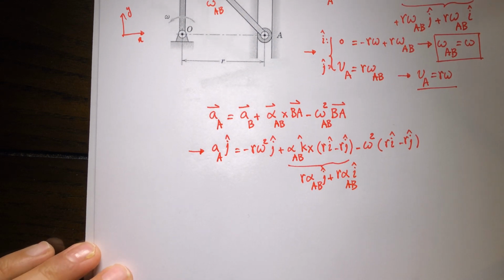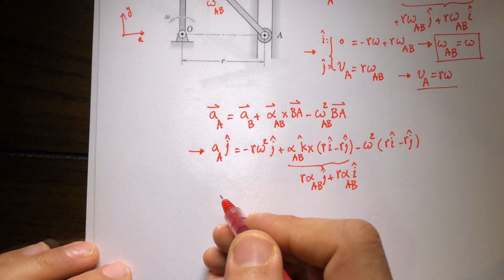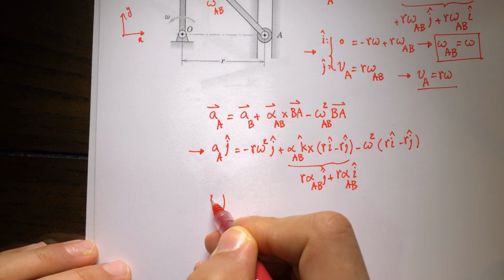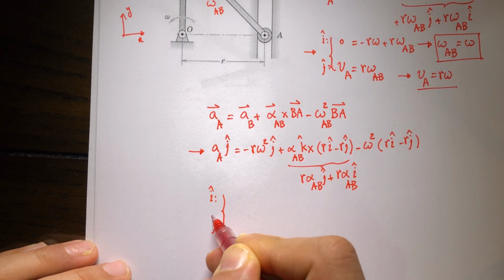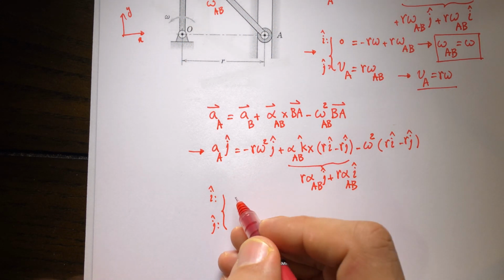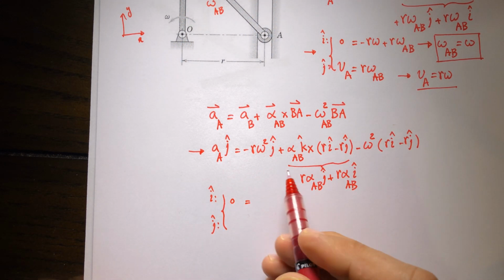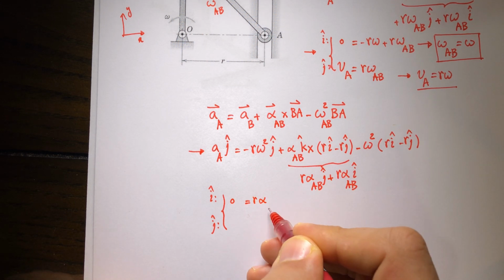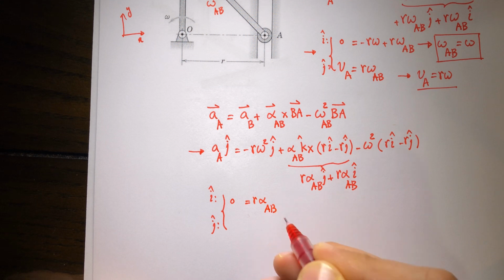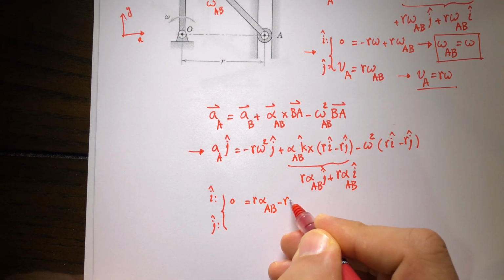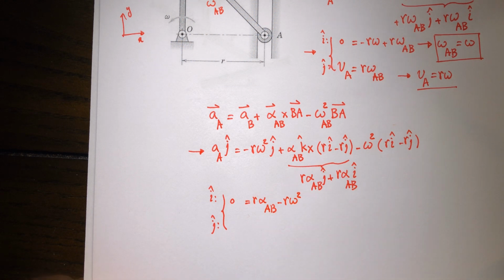Now, if I separate i and j terms, then I can construct my equations and find the unknowns. So for i, I have nothing on the left side of the equation, so 0. On the right side of the equation, I have this part, r times alpha AB. And also I have this part, negative r times omega squared.